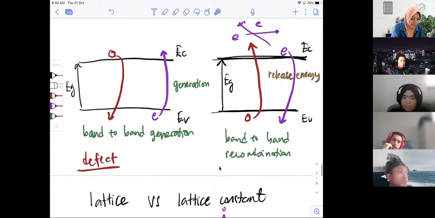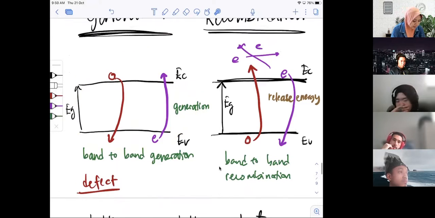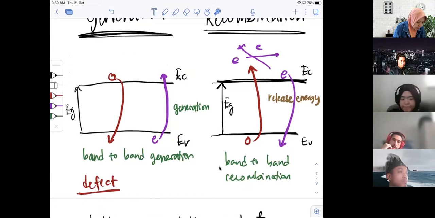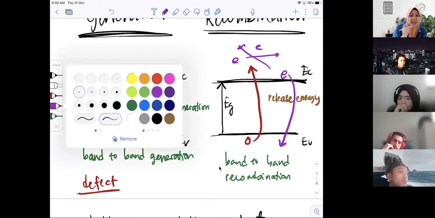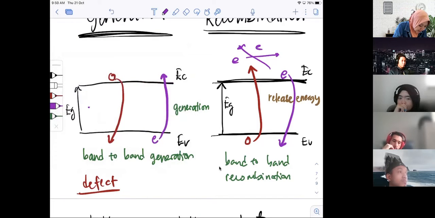So when it affects our energy band diagram, we translate this defect in terms of the energy band diagram. It becomes an energy level inside the band gap. It will look like this, ET, the trap. Defect and trap are the same.